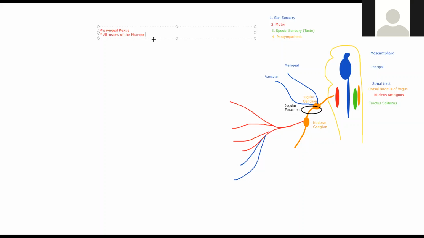Stylopharyngeus. Very good. Except stylopharyngeus, which was supplied by the glossopharyngeal nerve, the 9th cranial nerve.